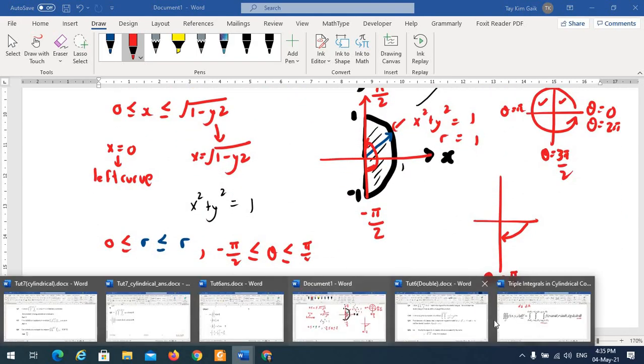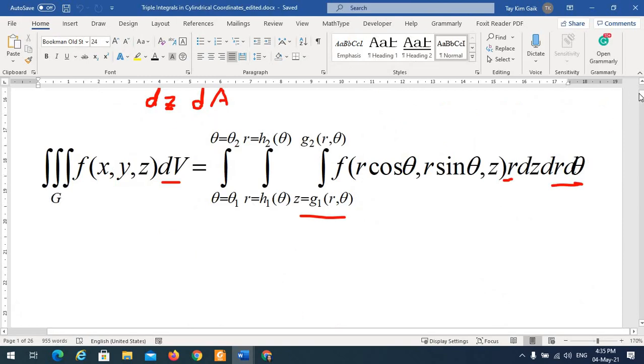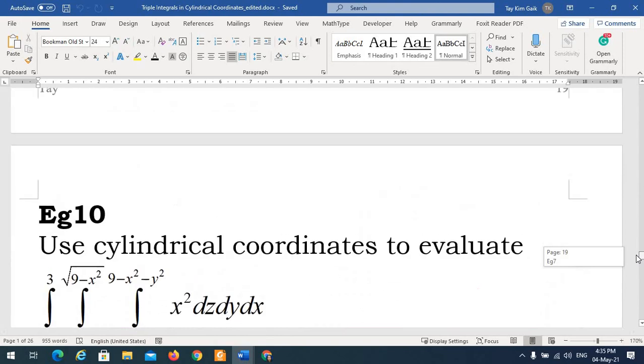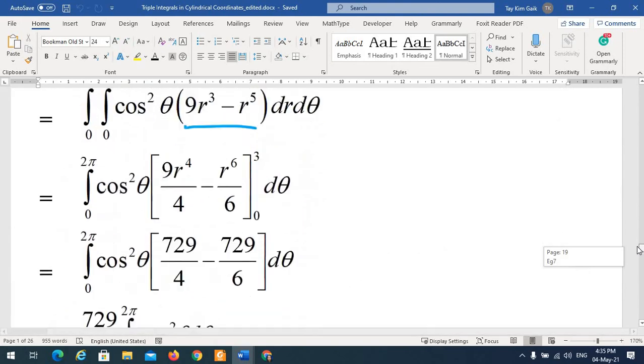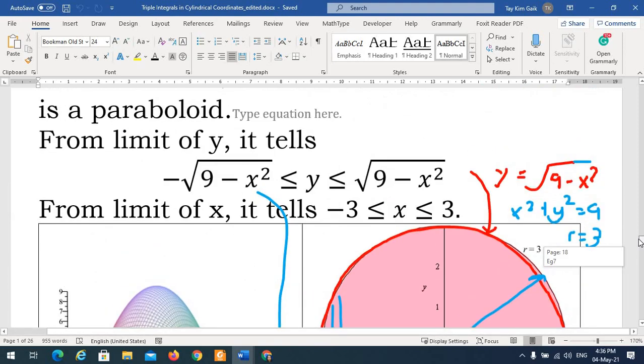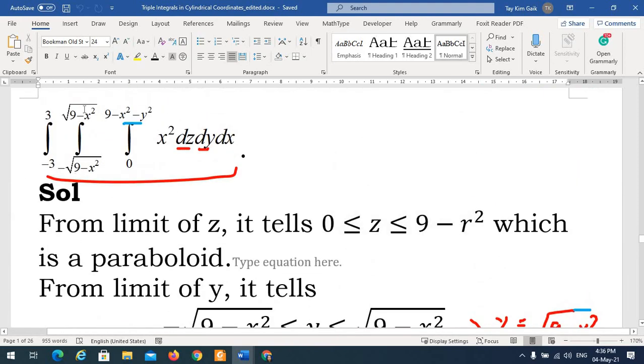Actually, in yesterday's notes you have all that. I think yesterday we finished up to this example. The limit of y is negative square root of 9 minus x squared.